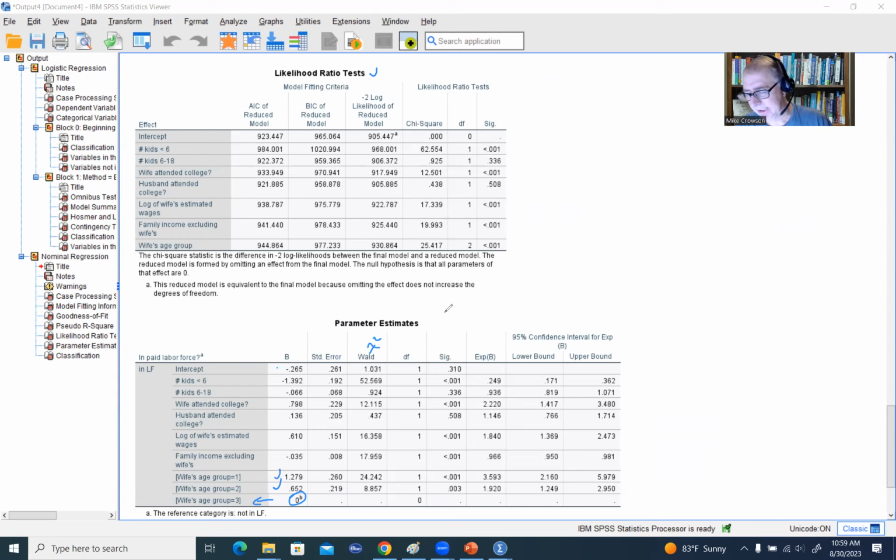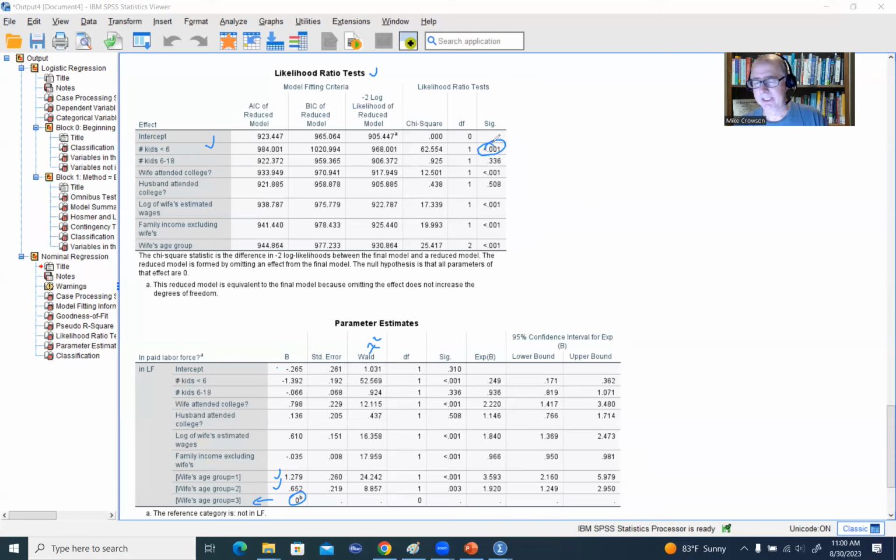My guess is it's because a substantial amount of the programs, including SPSS, in their main methods for generating results, print out the Wald chi-square or the Wald Z test instead of the likelihood ratio test. And so you have to do a little bit more to get the likelihood ratio test. But nevertheless, as you can see right here, the number of kids less than 6 is a statistically significant predictor.